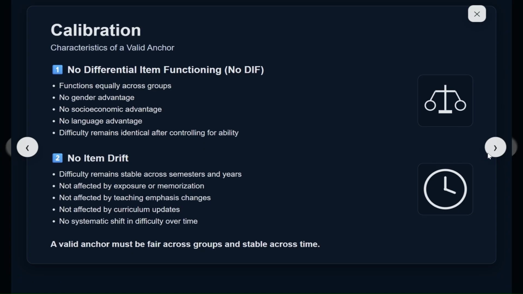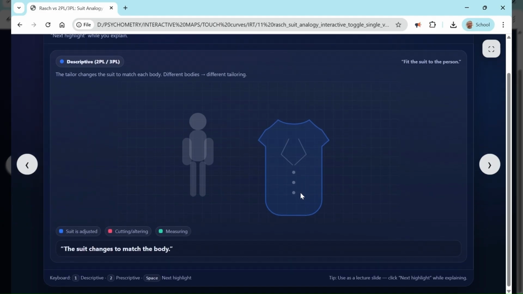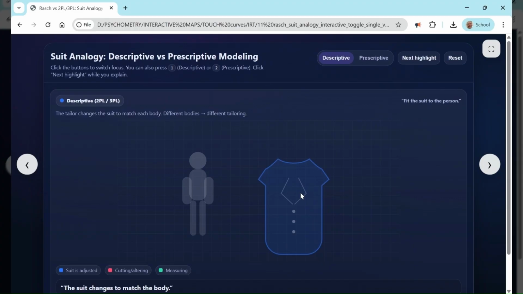Now we come to the last of the various concepts we want to examine here, which is the concept of fitness, of fitting. And here we will speak about descriptive versus prescriptive modeling. Many psychometricians consider the Rasch model actually not to belong to item response theory.